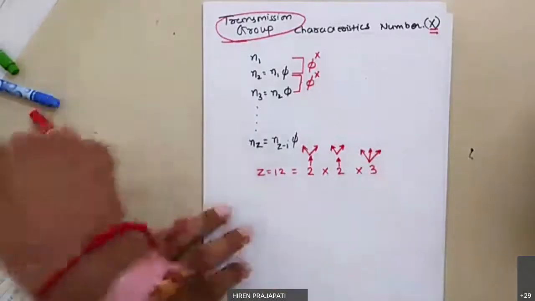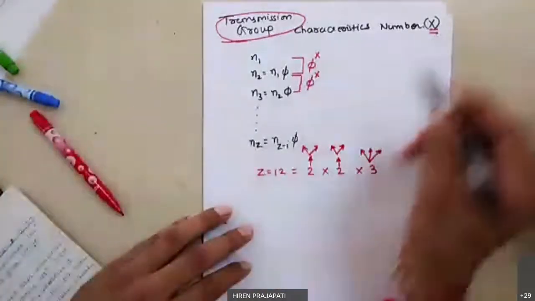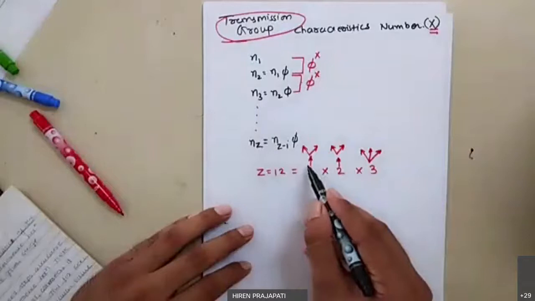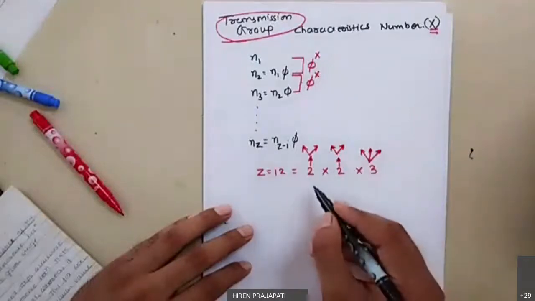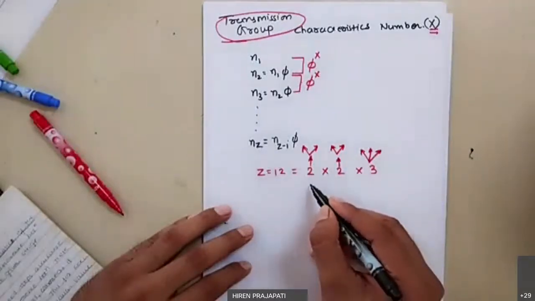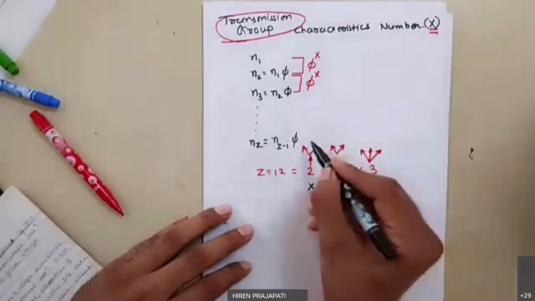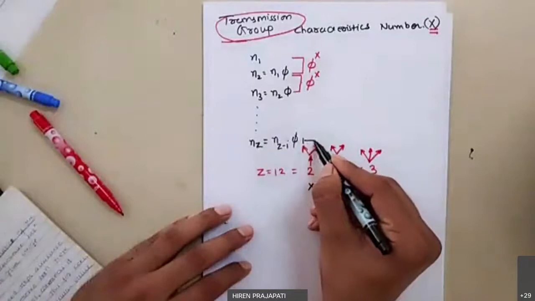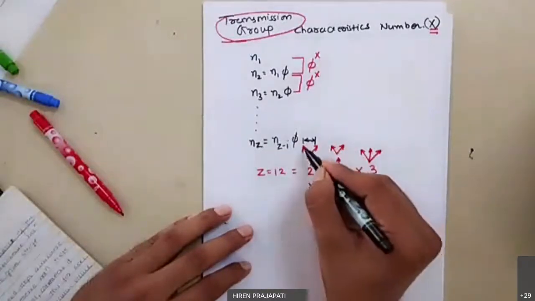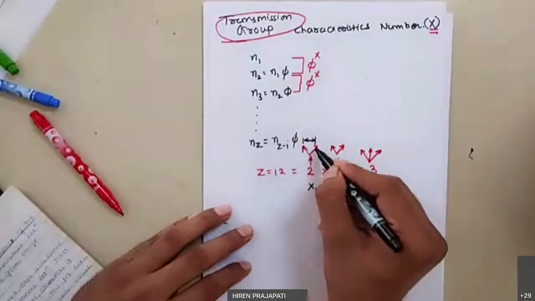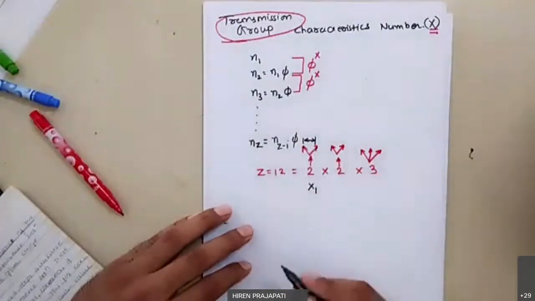So what is the meaning of this? If we are talking about the group characteristics number for stage 1, let me write here x1, then what is the change in power of phi between two successive speeds in stage 1?